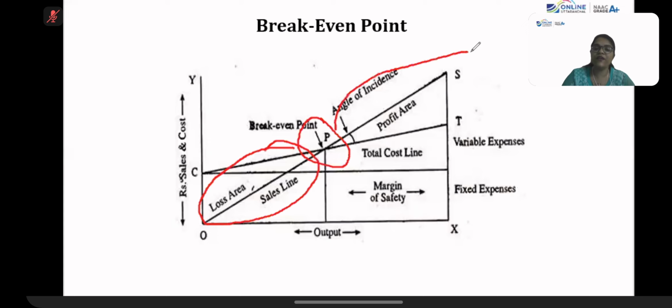And above the break-even point is a situation where you will earn profit. So both the lines intersect each other at point P. That is your break-even point. So you can use this break-even point to decide the product mix, fixation of selling price, steps to be taken in long-term planning. Okay, clear?